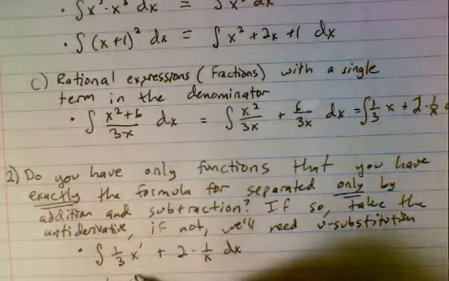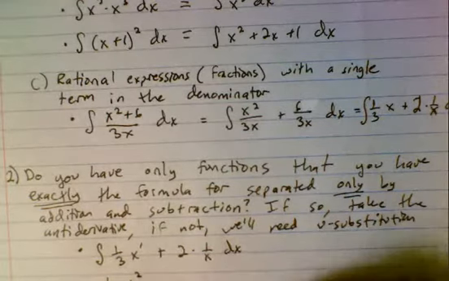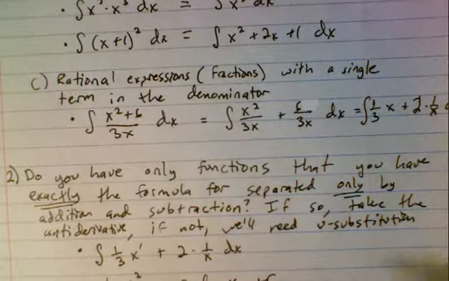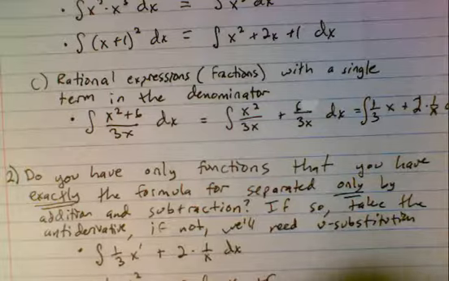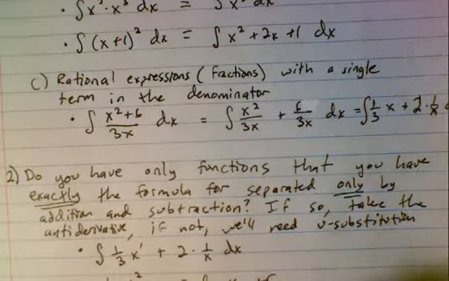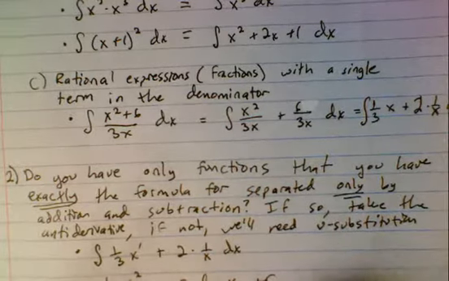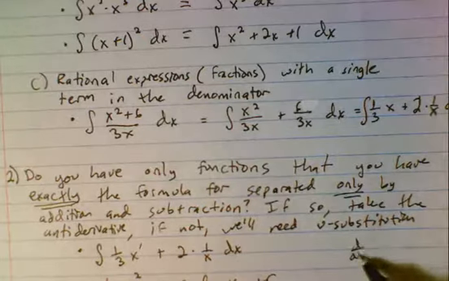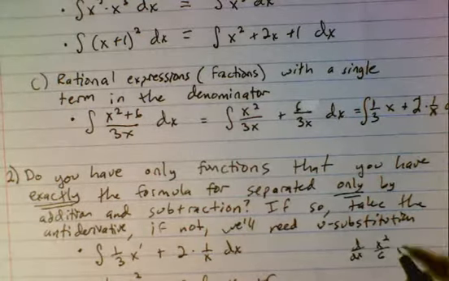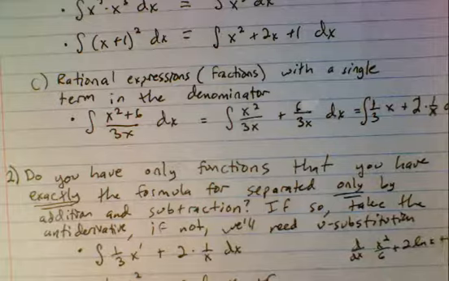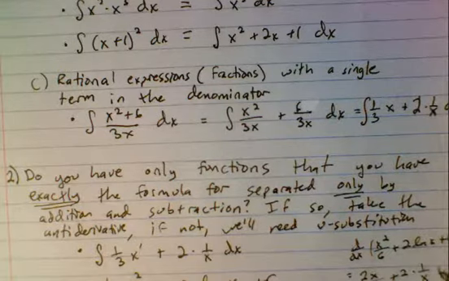We increase the exponent by 1 and divide by the new exponent. Here the 2 is along for the ride. The antiderivative of 1 over x is the natural log of x plus c, or x squared over 6 plus 2 natural log of x plus c. And when we take the derivative, that's 2x over 6 plus 2 times 1 over x plus c, which is what we started off with.